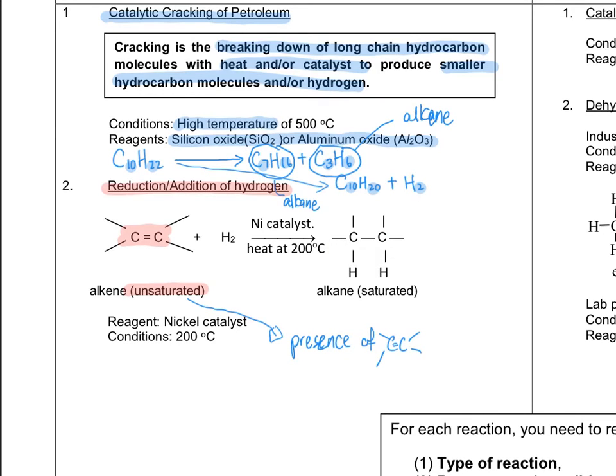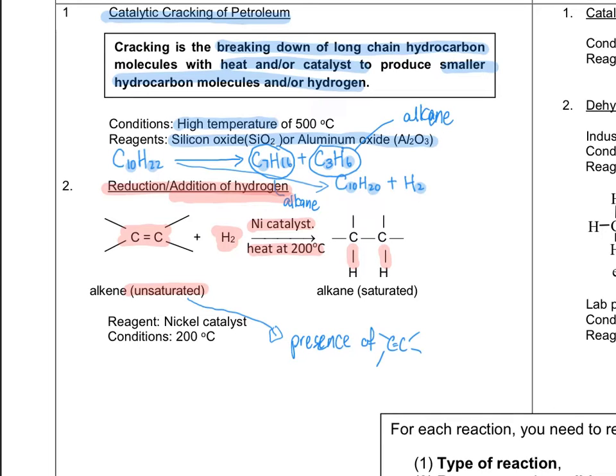Now when I add hydrogen over to my alkene in the presence of nickel catalyst and heated at 200 degrees Celsius, you realize that my double bond opens up and the hydrogen is attached to it. So you can see that the hydrogen was added to the carbon-carbon double bond, and hence this is called the addition reaction.